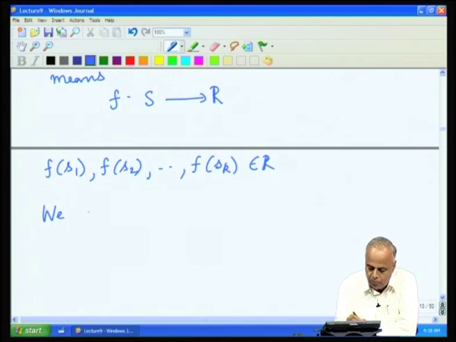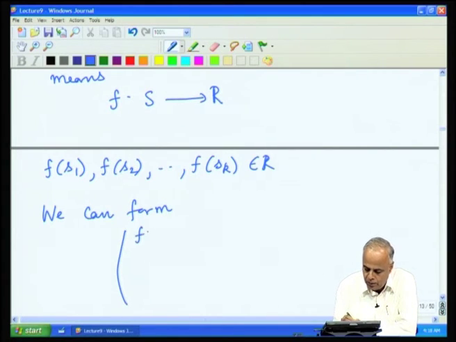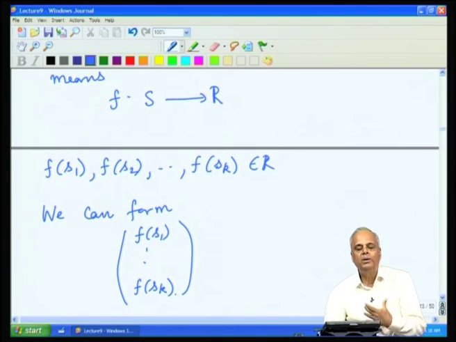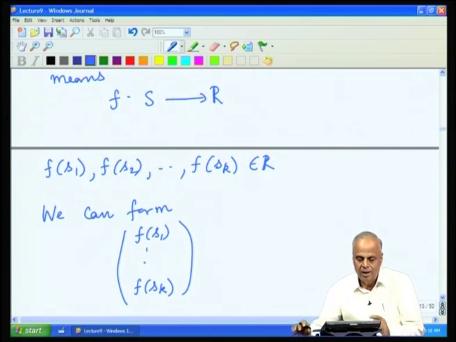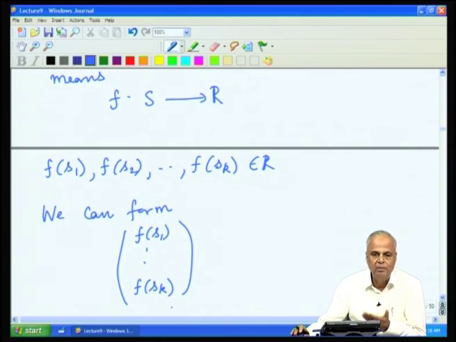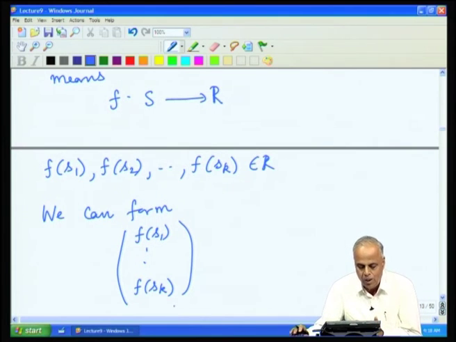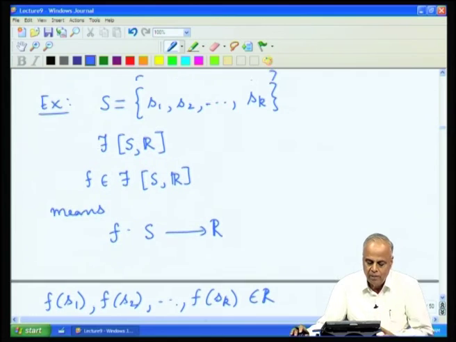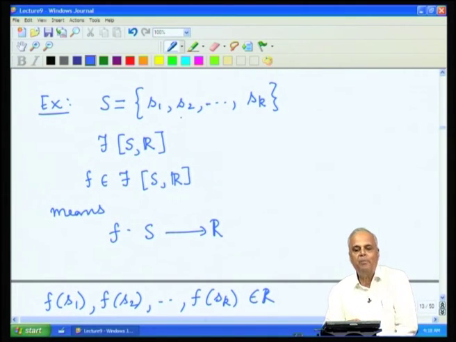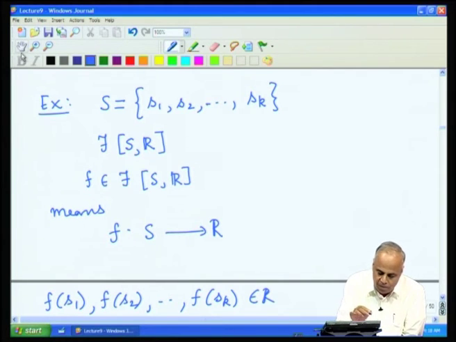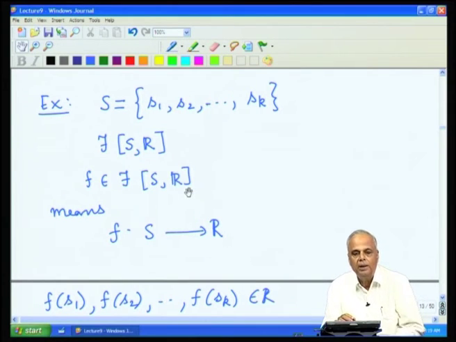So we can form the usual k-row, one-column matrix with entries F(s1) through F(sk). Essentially, such a function can be identified with an element in Rk. So when S is a finite set S1, S2, Sk, the collection of all functions from S to R is essentially the collection Rk.